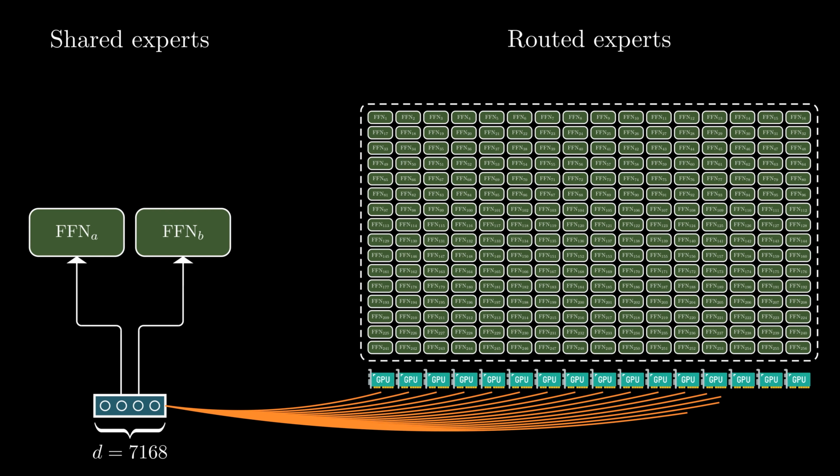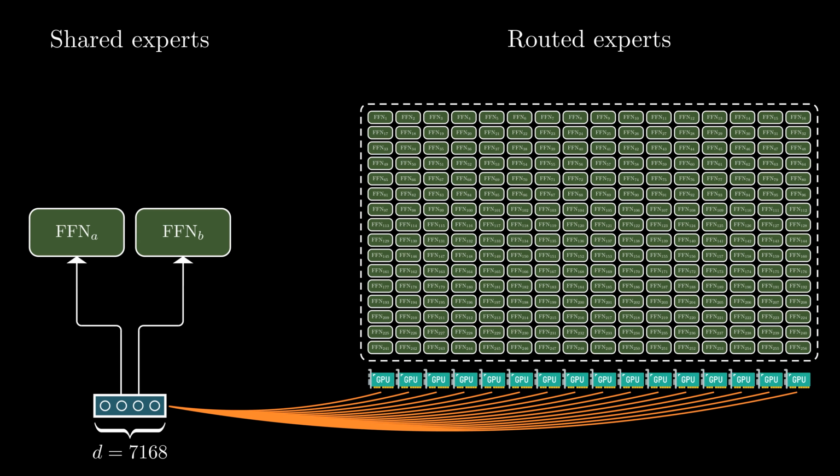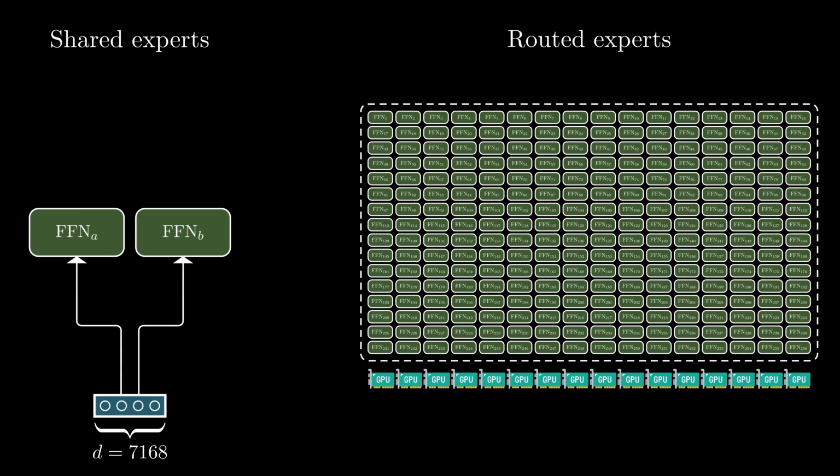For example, each token embedding may have 7,168 dimensions, and this high-dimensional vector must be transmitted to every selected expert during routing.